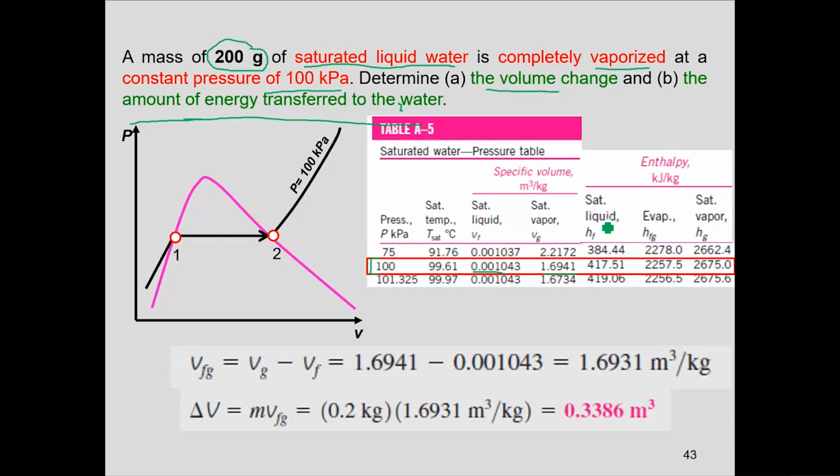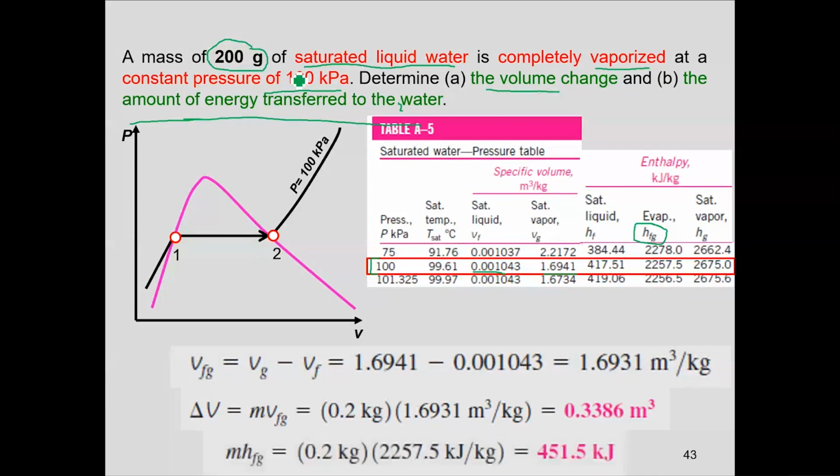For energy transfer, you will go to enthalpy, not internal energy. We have already discussed that HFG is the latent heat of vaporization. It is the energy transferred to the saturated liquid so that it moves to saturated vapor. HFG multiplied by the corresponding mass would give you the energy transfer to the water vapors.